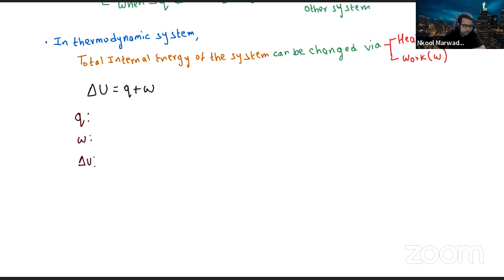So Q is the energy transferred as heat to the system.